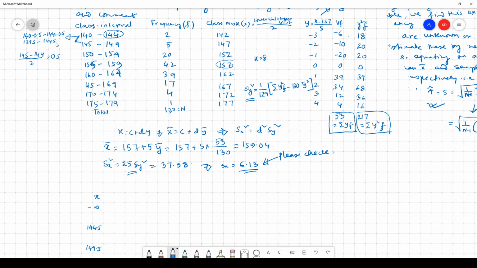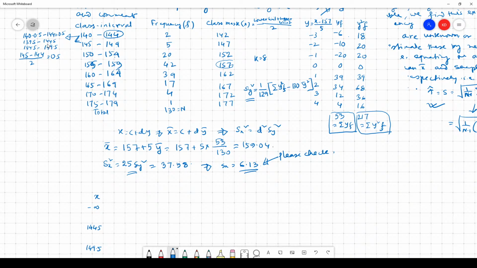So this is the first class boundary. Similarly for the second class boundary, this should be 145 minus 0.5, this gives 144.5, and the upper boundary is 149.5, because 149 plus 0.5 gives 149.5. And so on, we can easily convert using this formula.